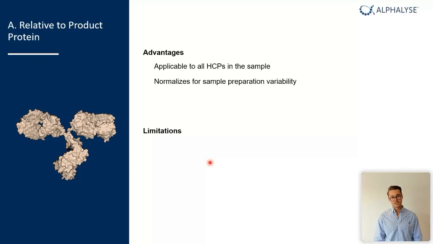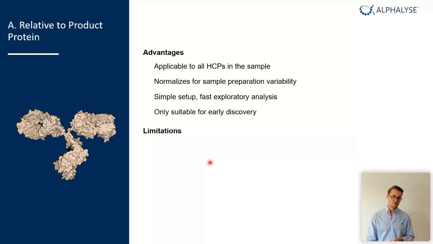It normalizes for sample preparation variability. The drug product is present throughout the entire sample preparation process, so it will be under the same conditions as your host cell proteins. So that accounts for some of the sample preparation variability. The sample setup is quite fast, making it easy for fast exploratory analysis.